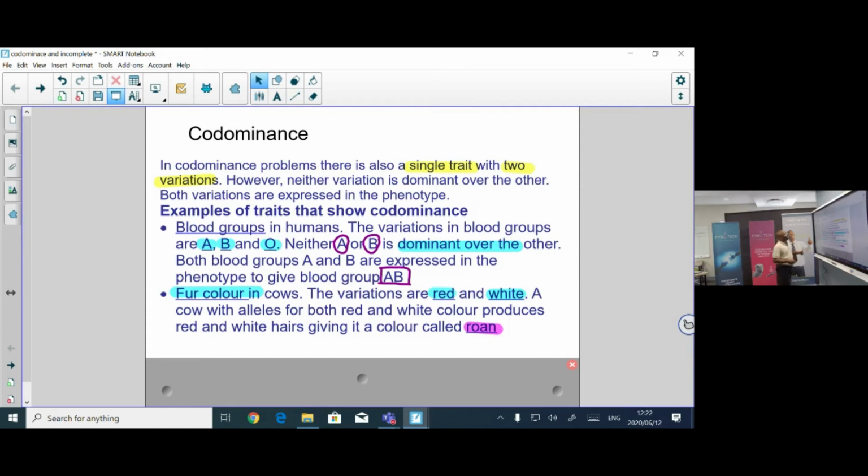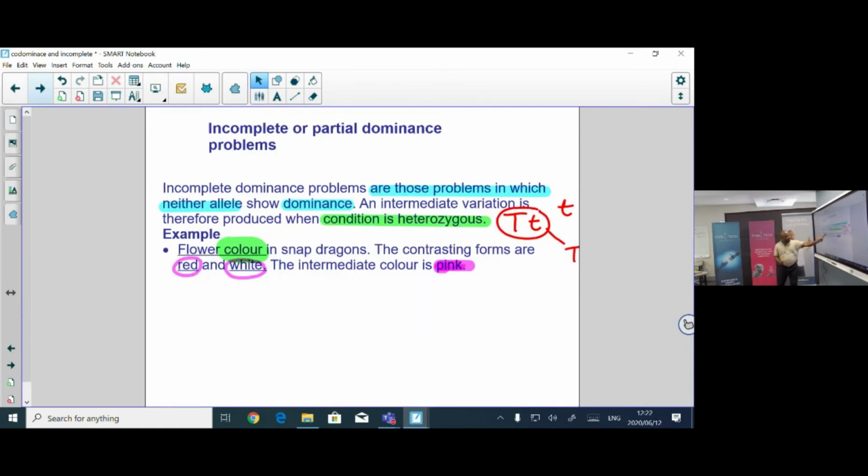I'll give you some diagrams for similar colors in the next lesson when we're doing our revision. You see it comes out as red and white, right? Both are there. But when you come to partial, we have pink, which has been blended as a result of red and white, right?